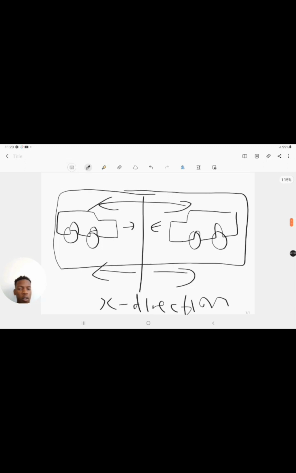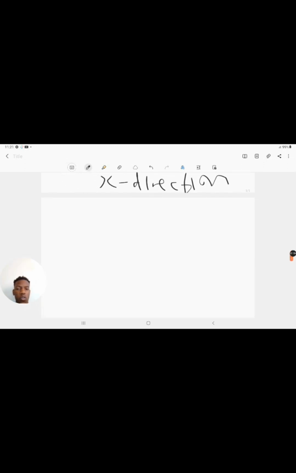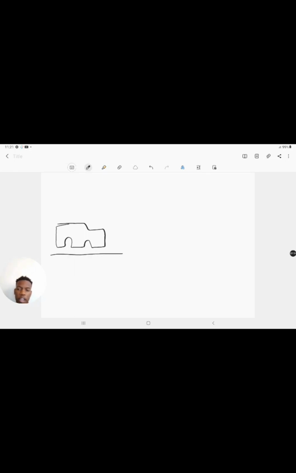Okay, so now let's look at a situation where we would have 2 dimensions. Let's say you've got a car traveling in this direction on this road, and the road continues on there. And you've got another road there, and another car traveling from this direction.